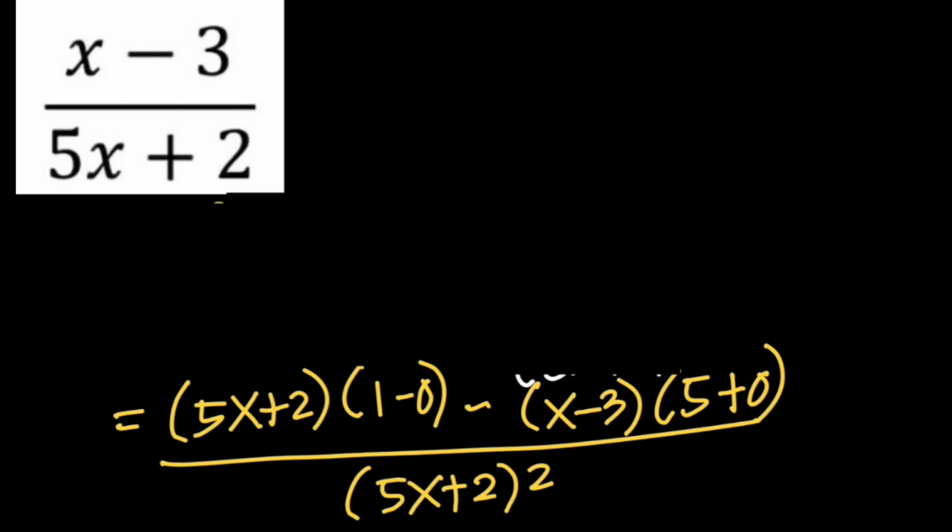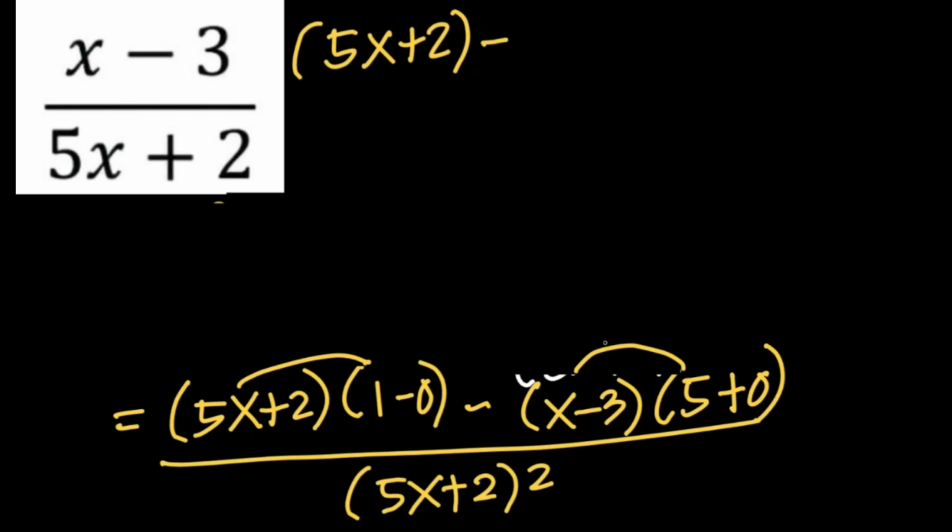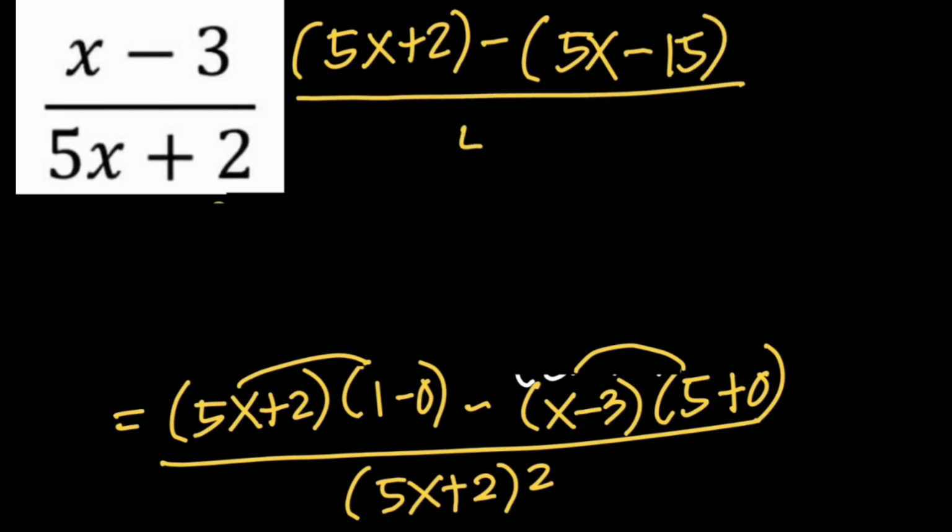Okay, so we have 5x plus 2 times 1, so that is just 5x plus 2, minus x minus 3 times 5. So we distribute 5 to x minus 3. So 5 times x is 5x, minus 5 times 3 is 15, over 5x plus 2 squared.